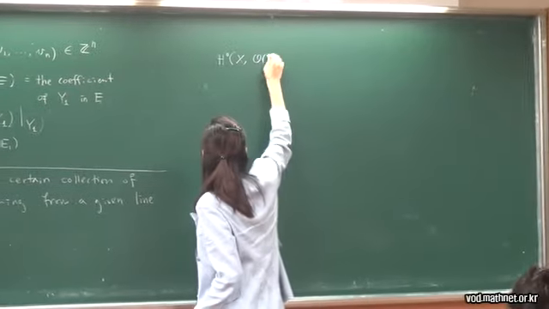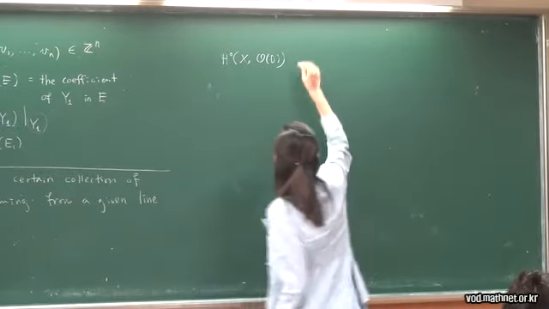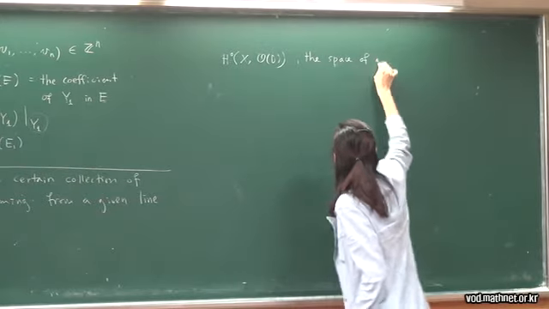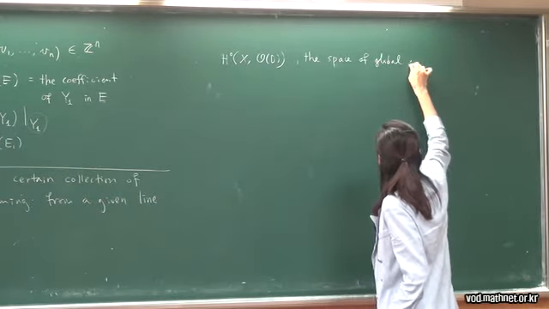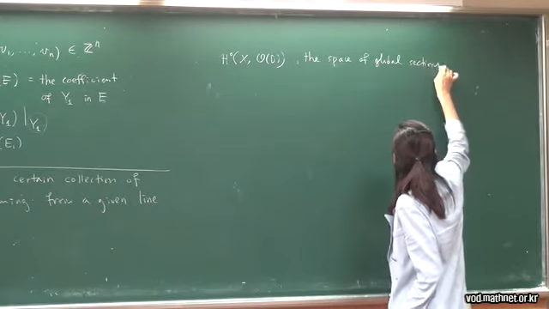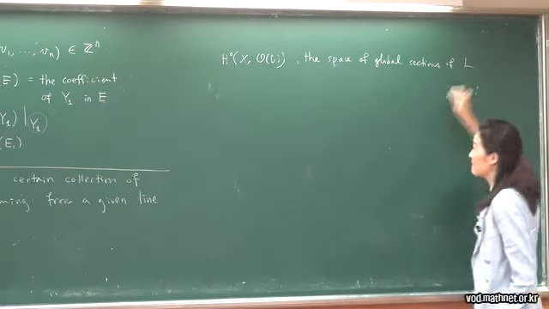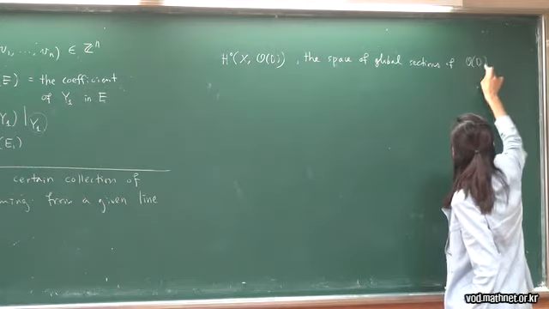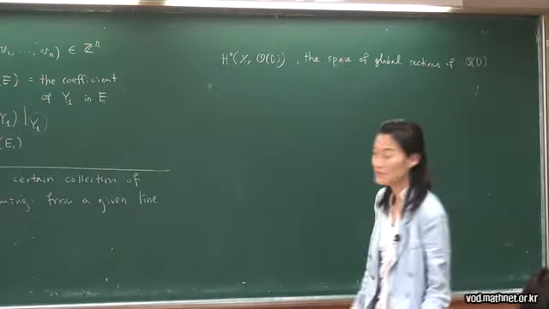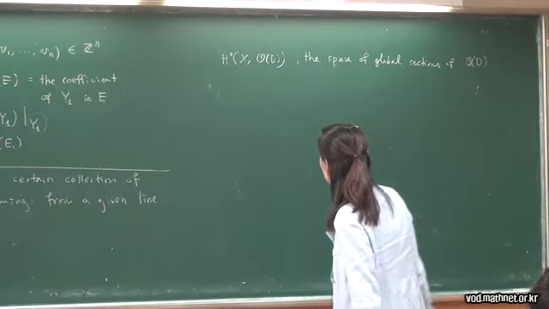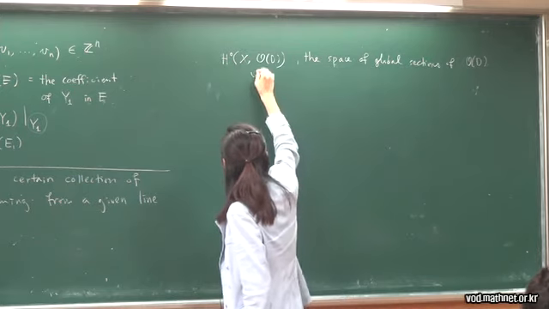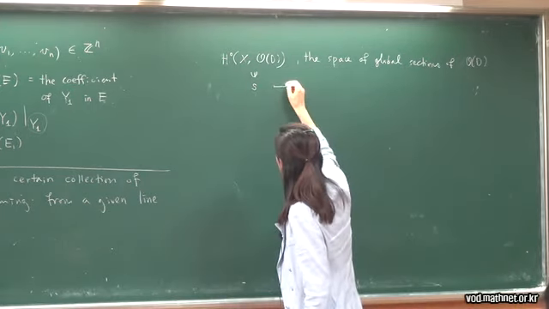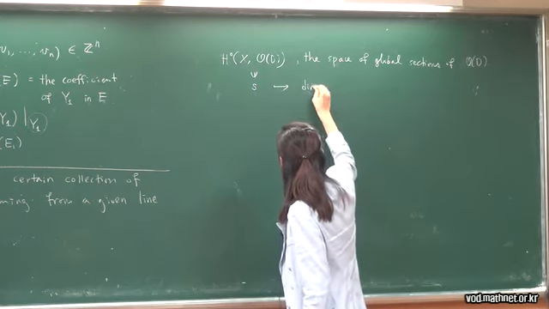Let me just write down all of it, okay? So this is the space of global sections of the line bundle L. Just keep interchanging these two. If you have a section here, there is an effective divisor.